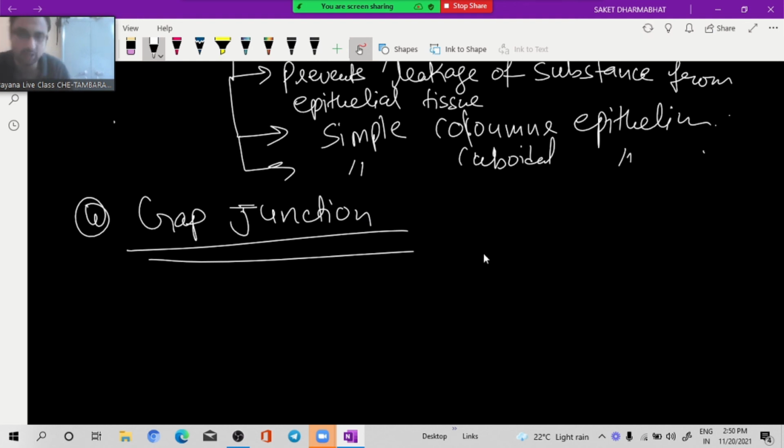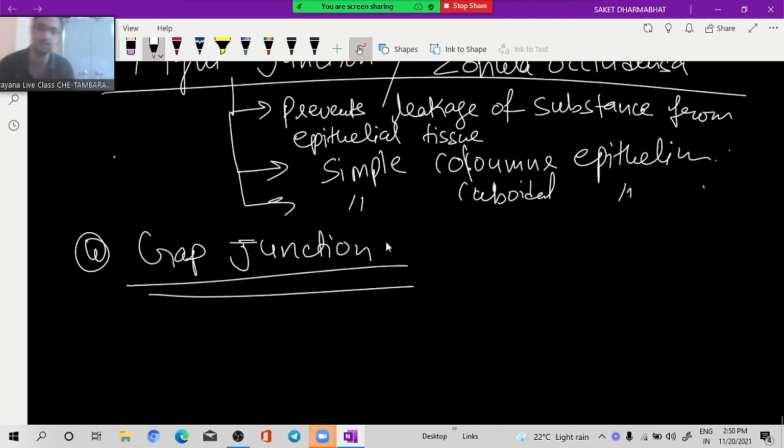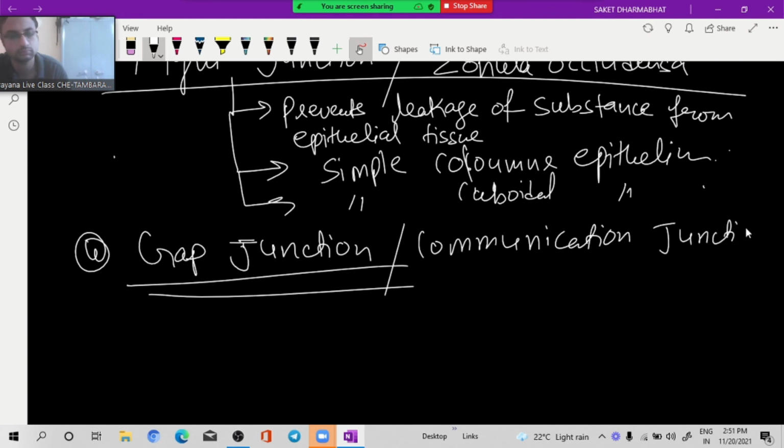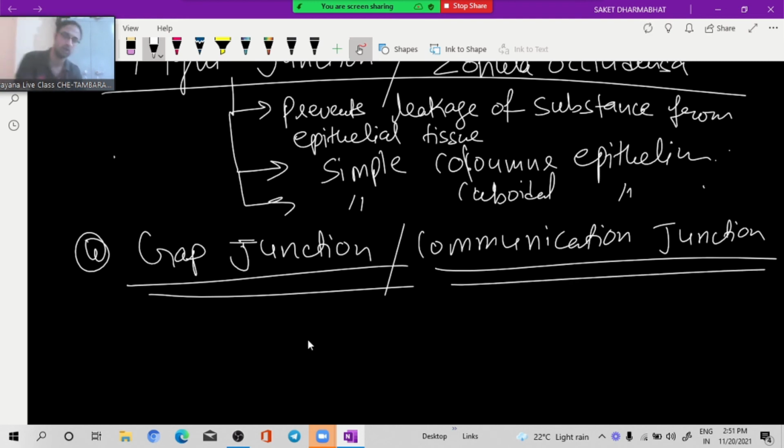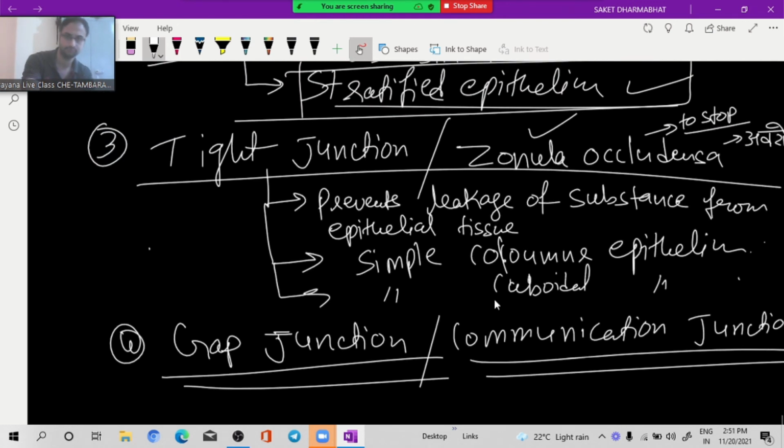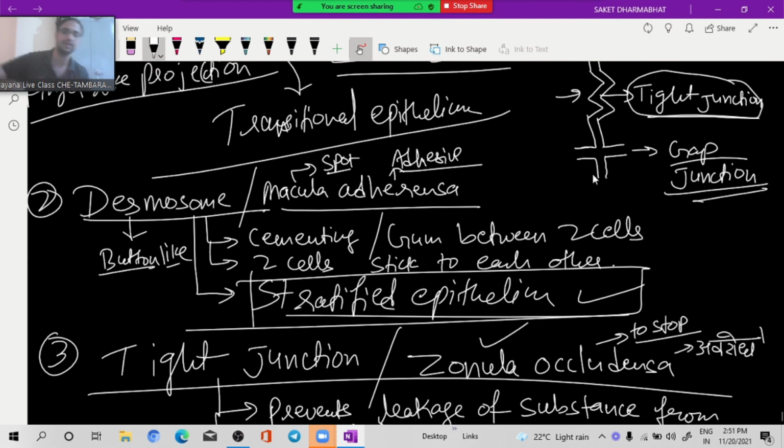So gap junction. What is it doing? The gap junction is also called the communication junction. Now here, see, this is the gap junction.